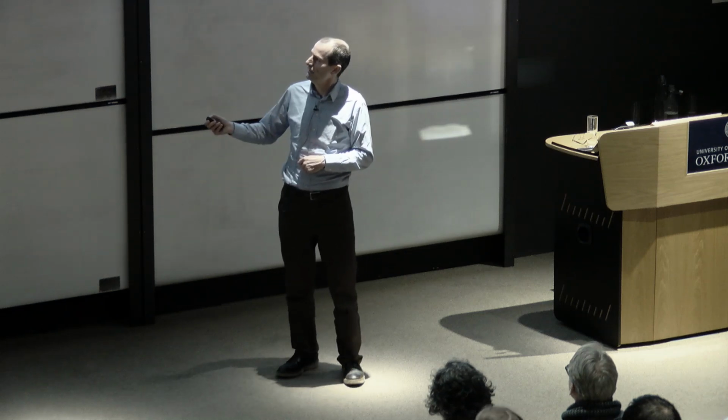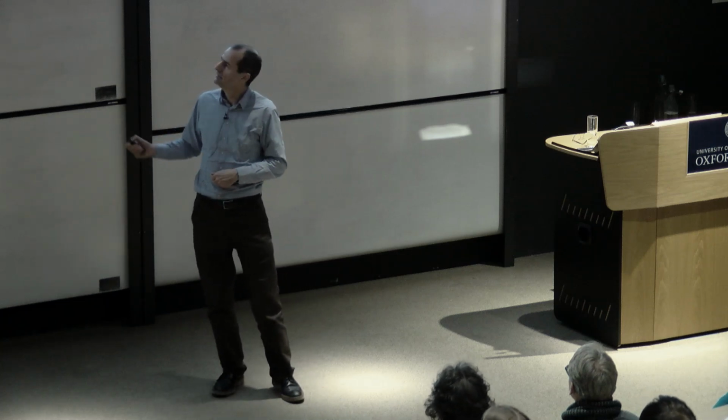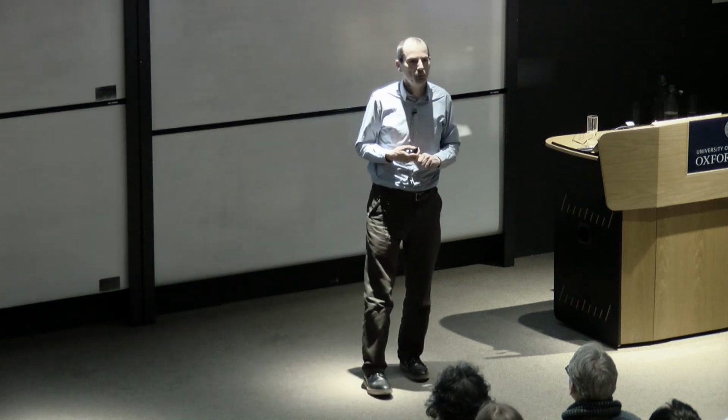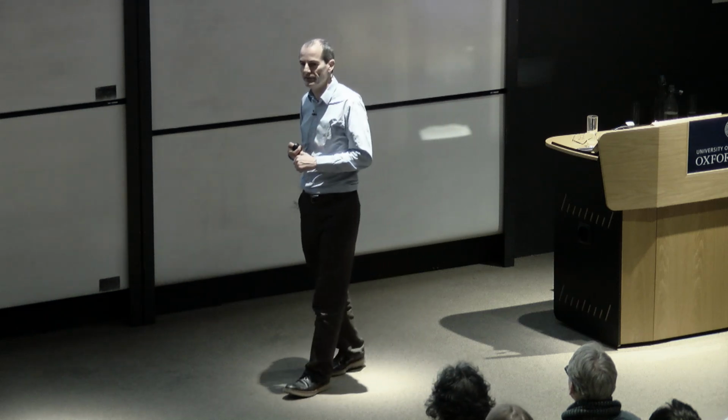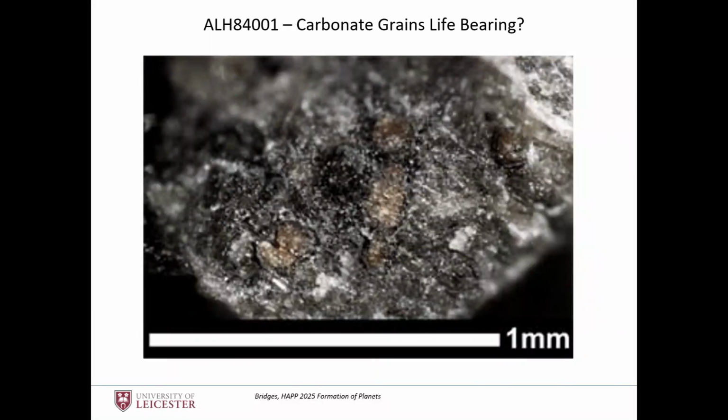Chris reckoned that those carbonate globules formed from microbial life, and he interpreted everything in that way. His brother, David, was vehemently adamant that they formed inorganically. So there's this fascinating duel which played out in the community.